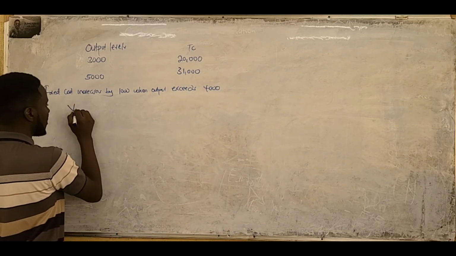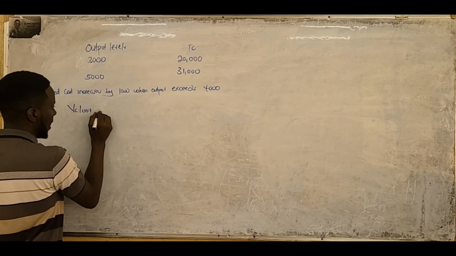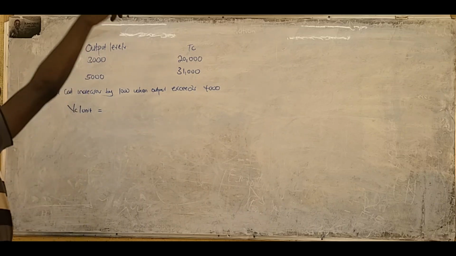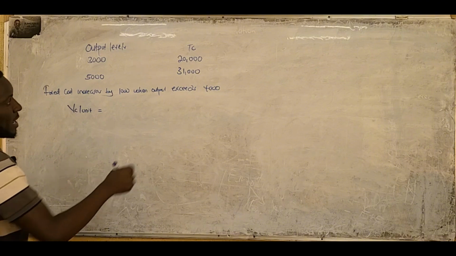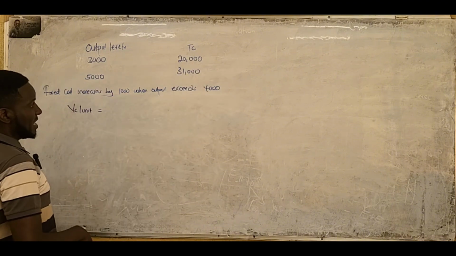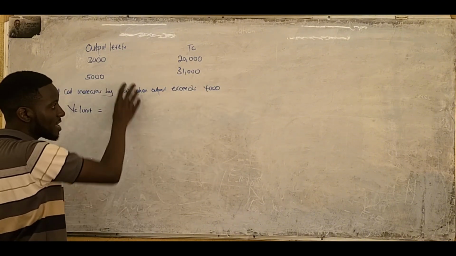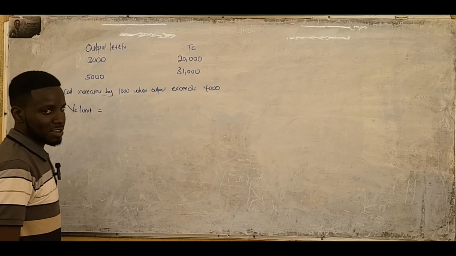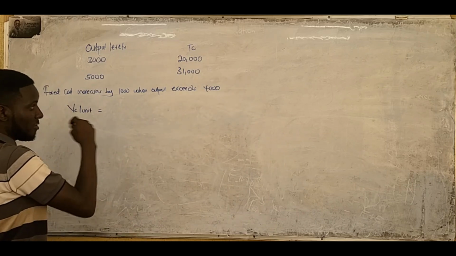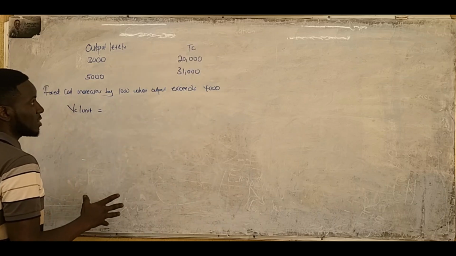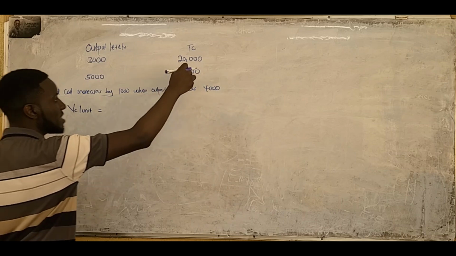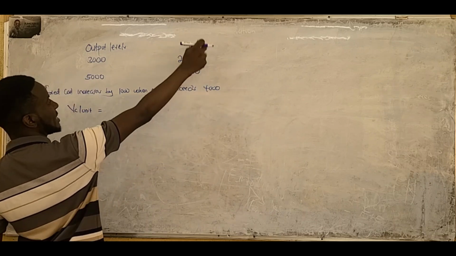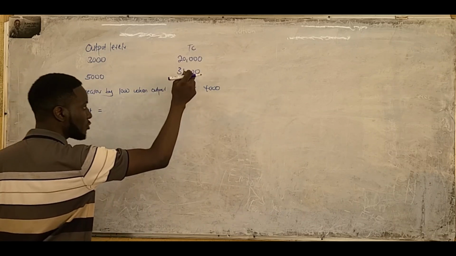So that's what I'm trying to say. We can calculate our variable cost per unit like this. Remember, it is cost of high minus cost of low. Now, if it is 31,000, it means there is an extra 1,000 included here in the fixed cost. But for us to harmonize this so that we can come up with a variable cost per unit, you either remove the 1,000 or you add it here when you're calculating. So I'm going to remove it here.